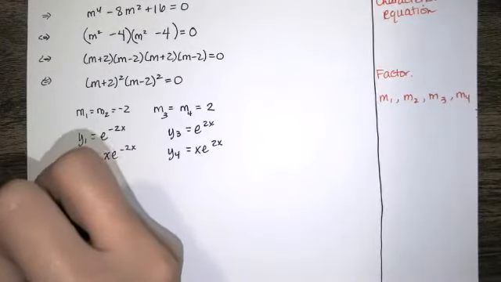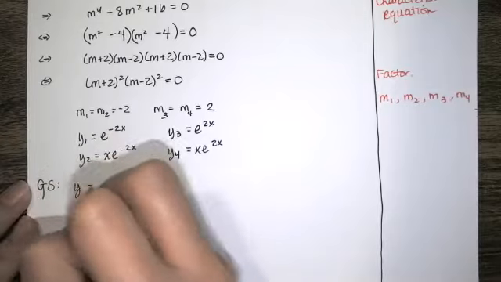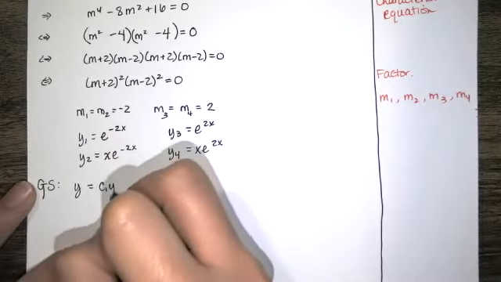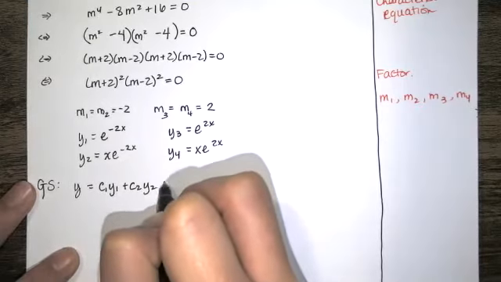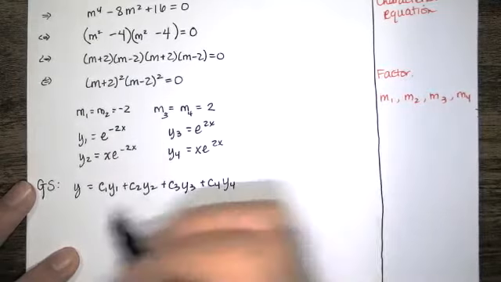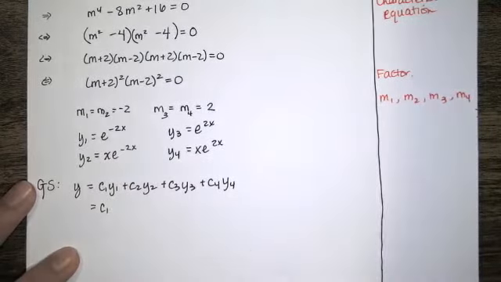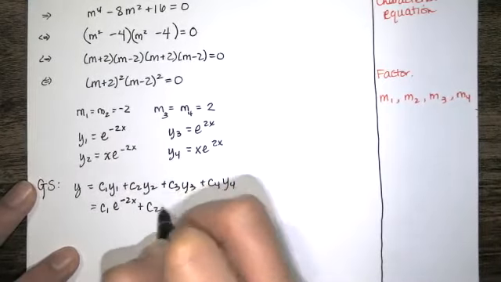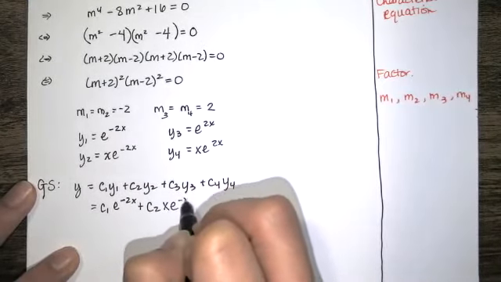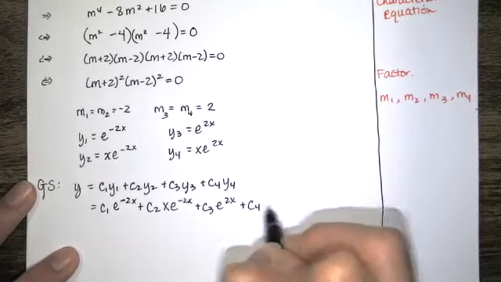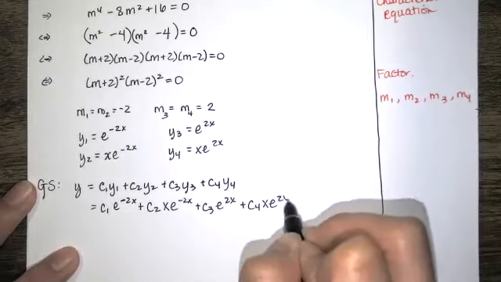So the general solution is y equals, well, since it's a fourth order differential equation, c1 y1 plus c2 y2 plus c3 y3 plus c4 y4. And then our y1, y2, y3, and y4 are as stated above, so I'm just going to copy those down now. And these will work for all real numbers.